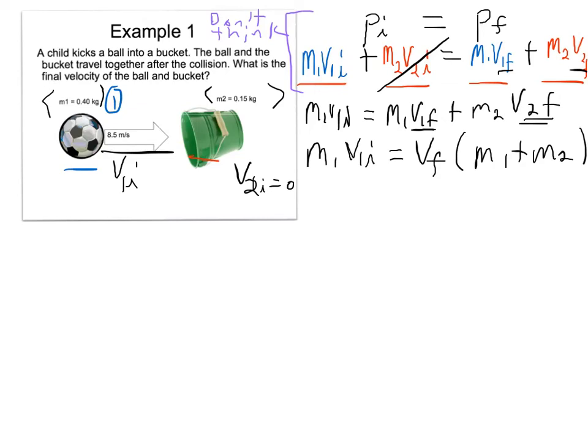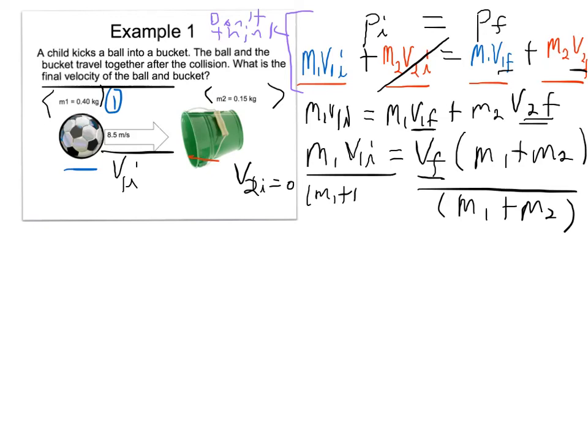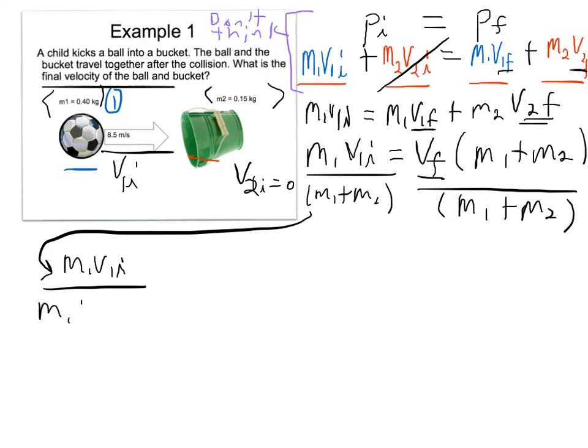Now, in this situation, I am trying to find the final velocity of the ball and the bucket, so vf is what I'm trying to find. Let's divide by m1 plus m2 to get vf by itself. So m1 v1i over (m1 plus m2) equals vf.